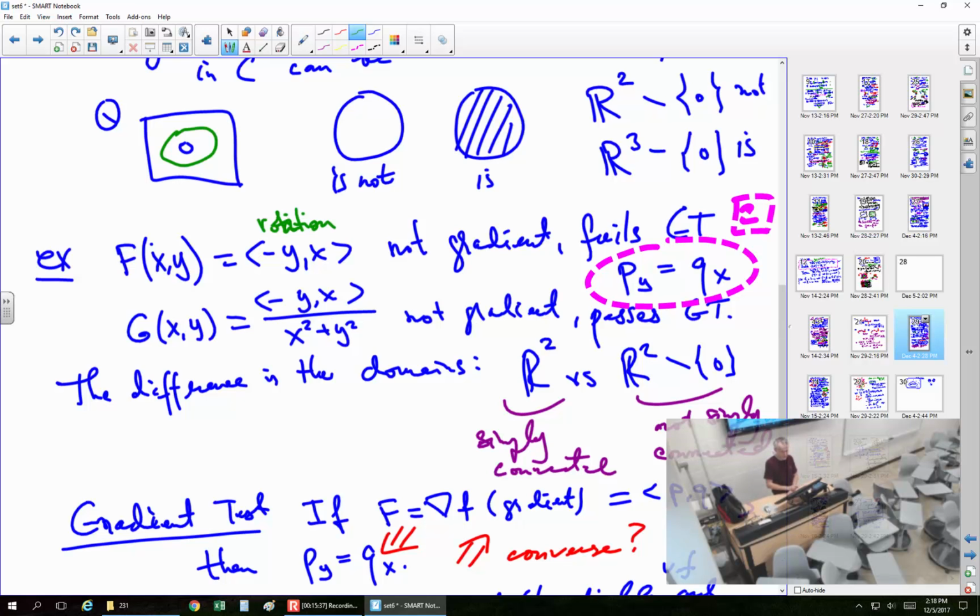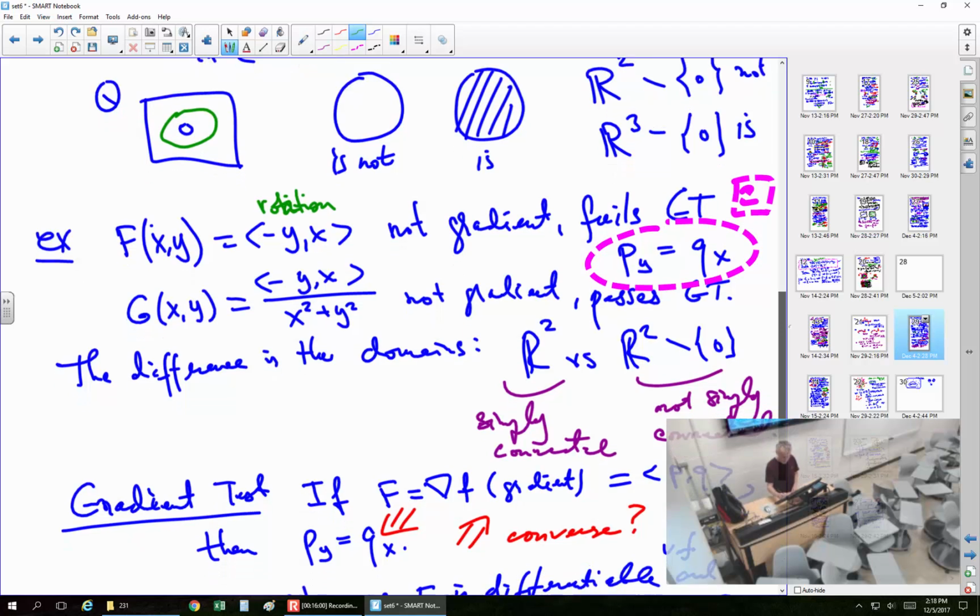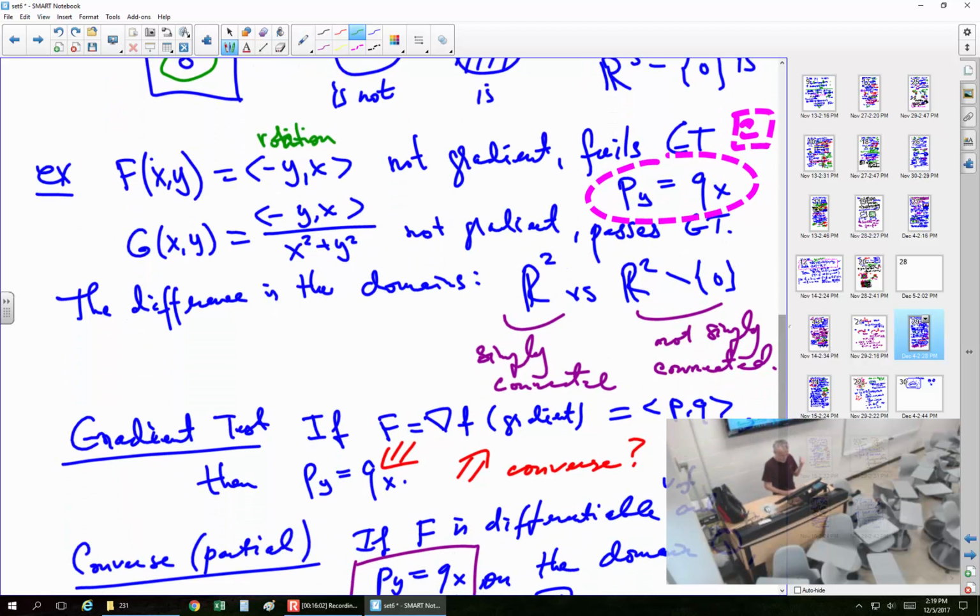There are two of them, related to each other. One is just plain rotation, where you go faster as you move away from the origin. The other one you move slower as you move away from the origin. Both of them are not gradient, but the second one passes the gradient test. It satisfies this equality. So that's the gradient test right here.